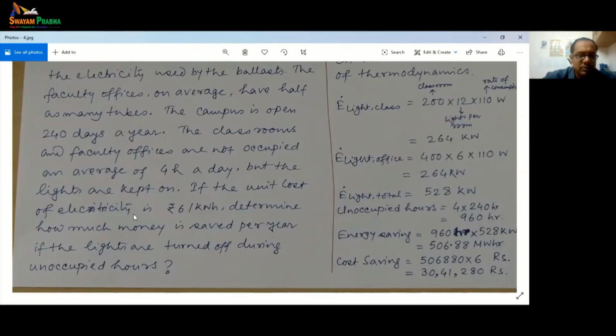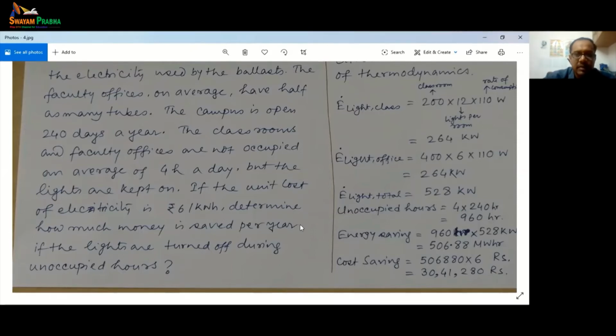So the unit cost of electricity is rupees 6 per kilowatt hour, which is the unit of electricity consumption. Whenever we say that in this month you have to pay for 60 units of electricity for your home, that unit of electricity is kilowatt hour. That means if you run a pump of 1 kilowatt for 1 hour, that is the power it will consume, and the value of that electricity is, suppose, rupees 6.